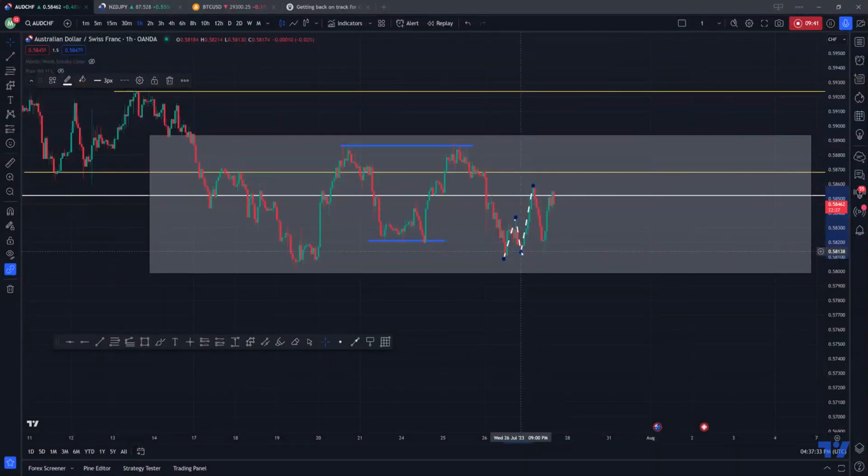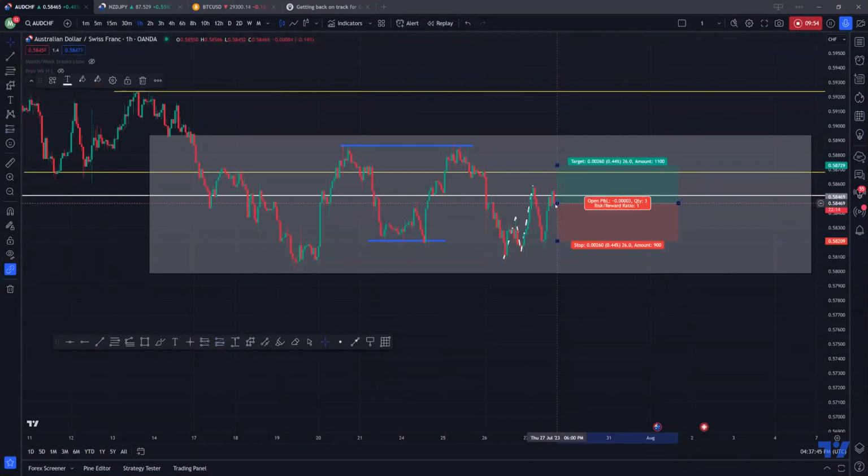So what I'm expecting right now is a trade. If I'm placing a trade right now, it's gonna be a long position, just right here, right? This is gonna be my stop loss, this point.